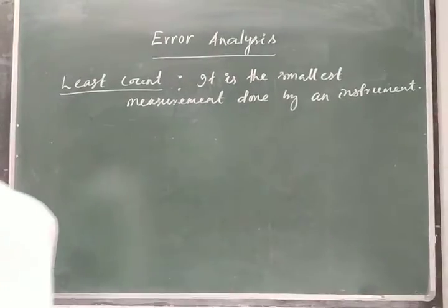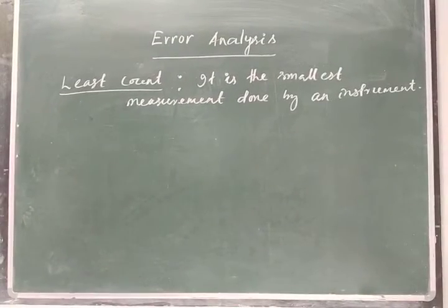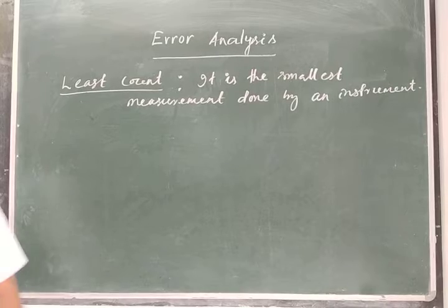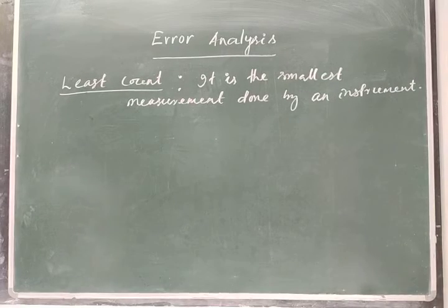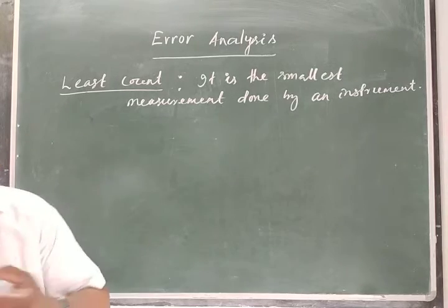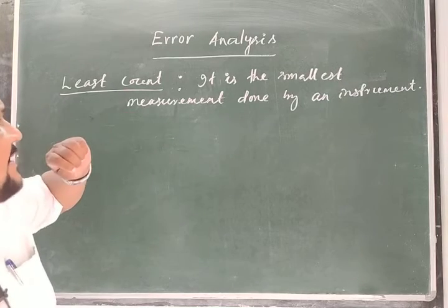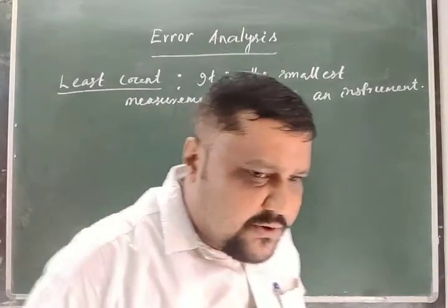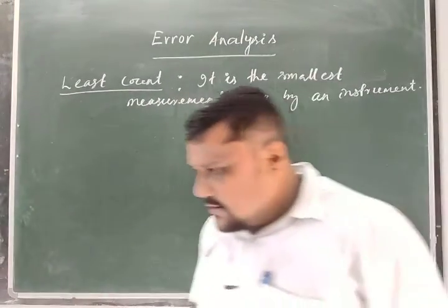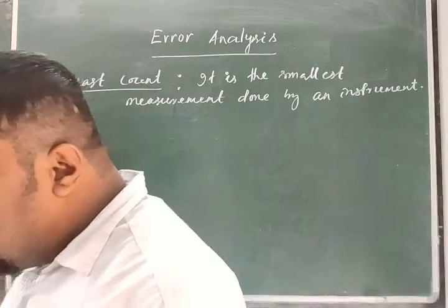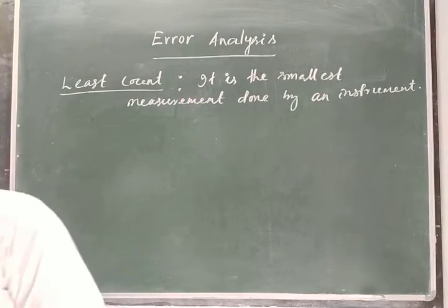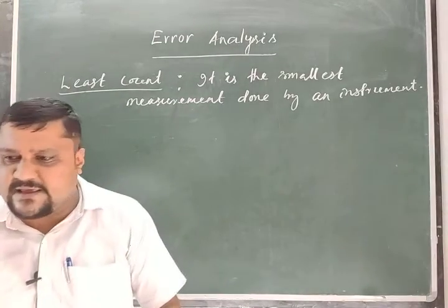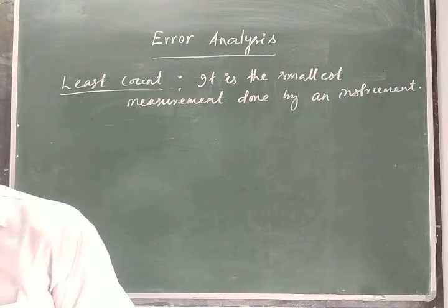So least count means the smallest measurement that can be done by an instrument. An instrument means something by the help of which we can measure something and express it.